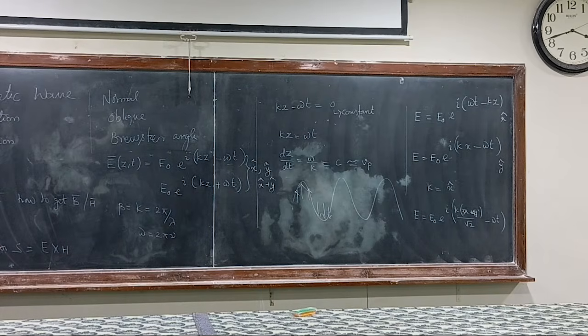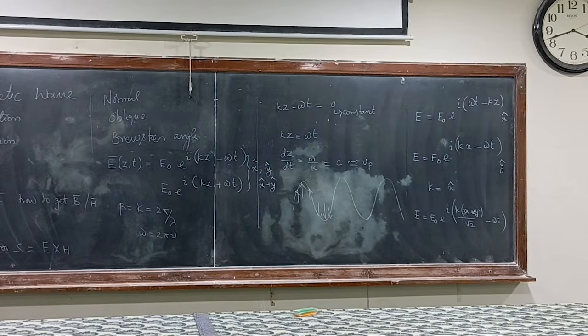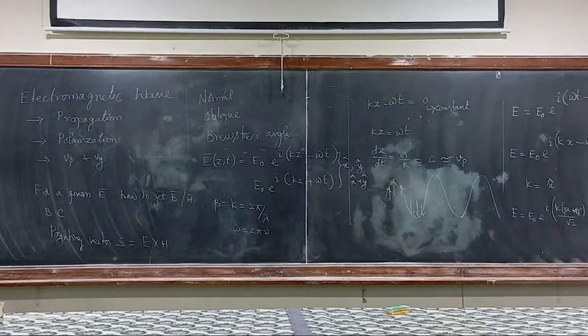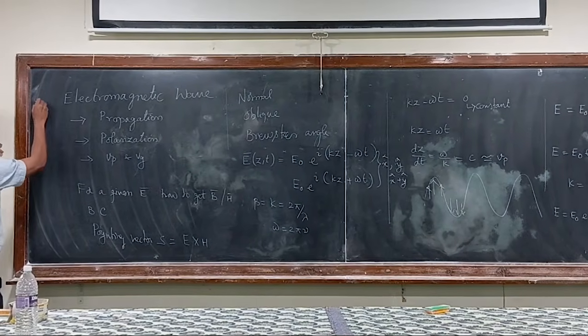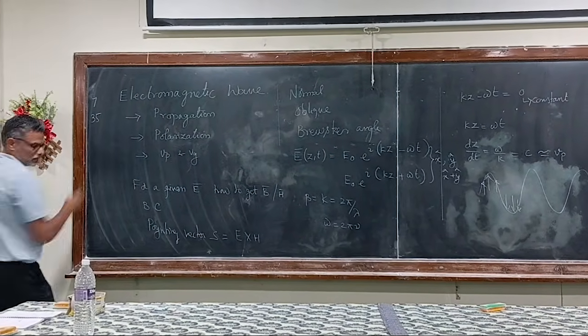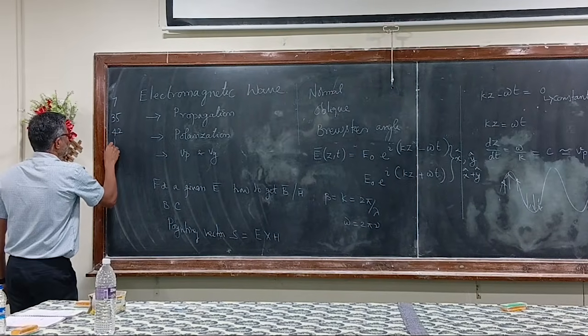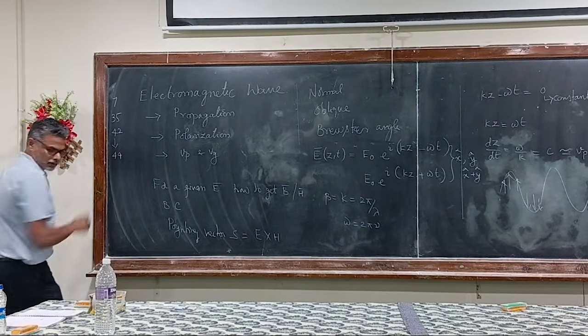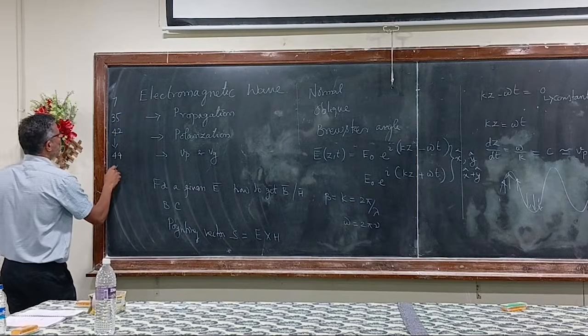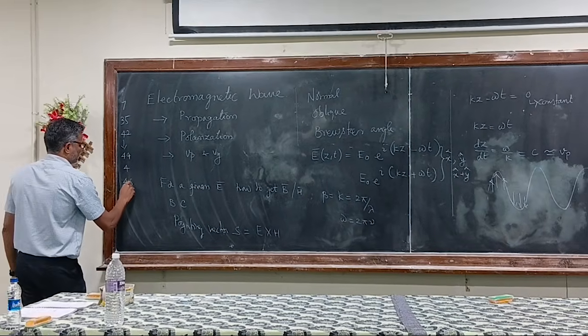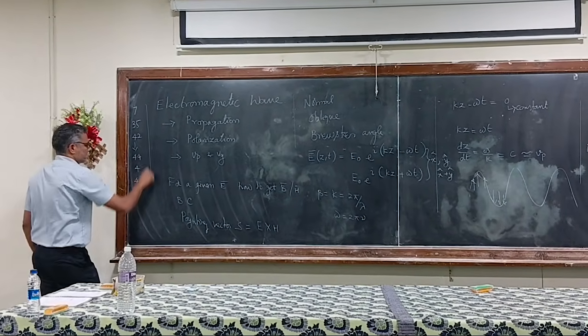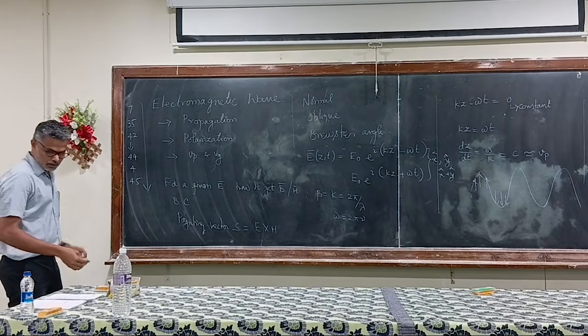So you can look at these problem numbers, let's start with 7, 35, 42, 44, and then number 45. So this will be the direction in which we are going to go in this section.